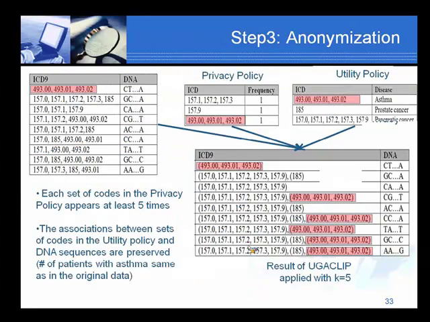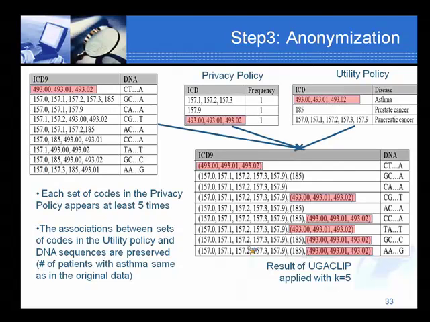As an example, consider somebody that wants to release the sample on the left. Assume that we have found a privacy policy and a utility policy, and we applied our UGA-CLIP algorithm with k equals 5. The result is denoted at the bottom of the slide.